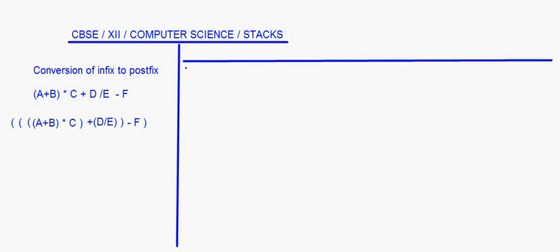Now see the first step. Here we write the scan symbol, and then we write the stack status and then the postfix expression. Now the first scanning symbol will be an opening bracket, so that goes into the stack.